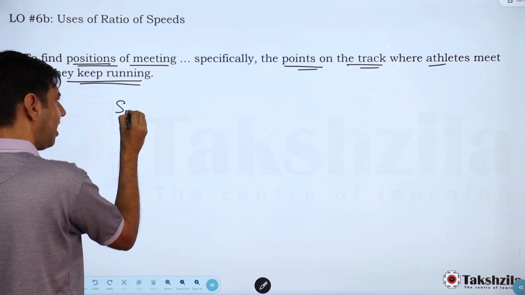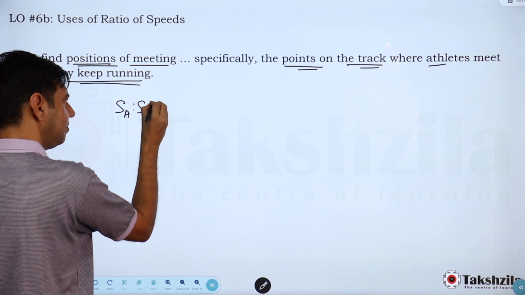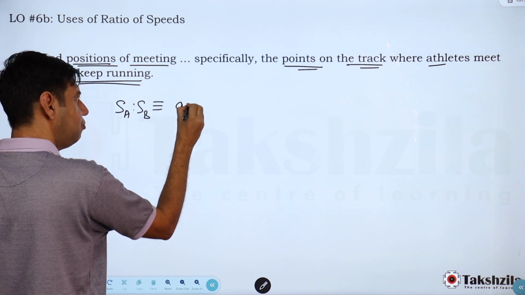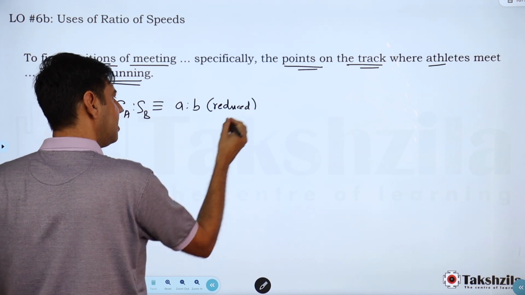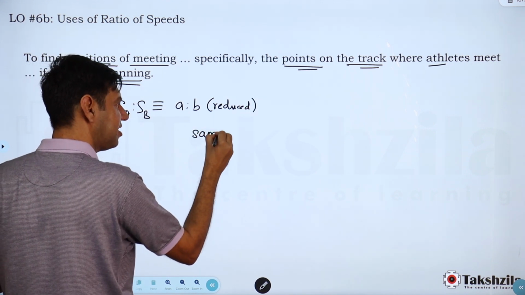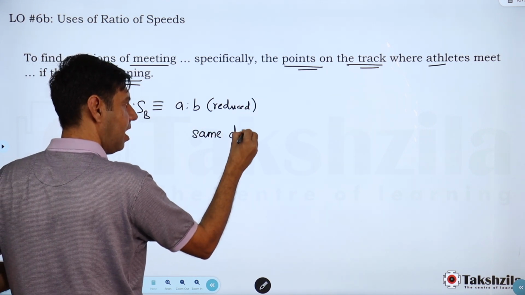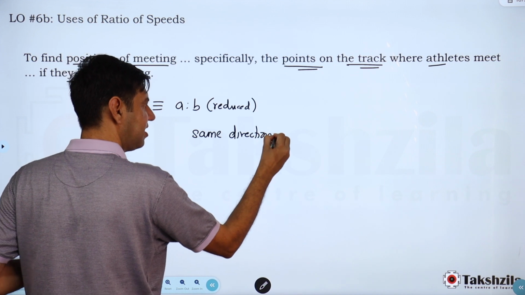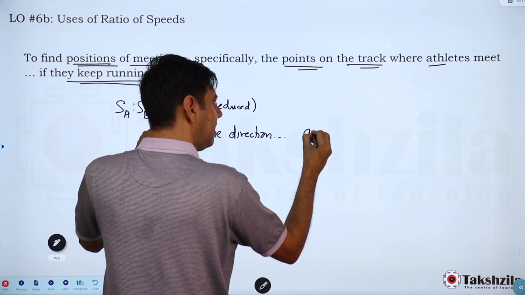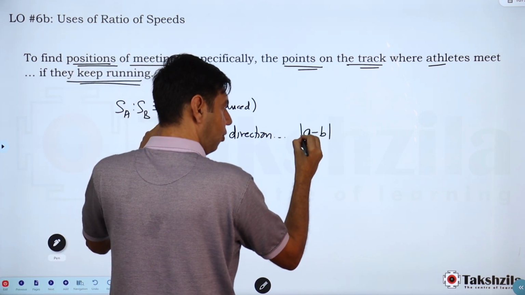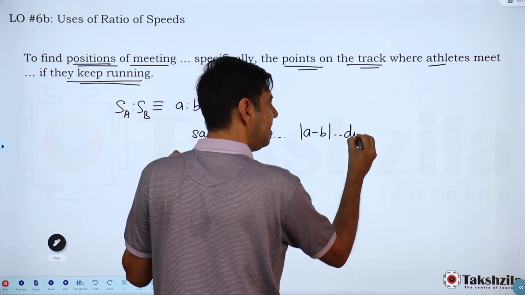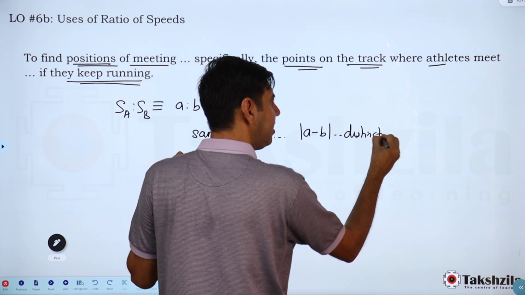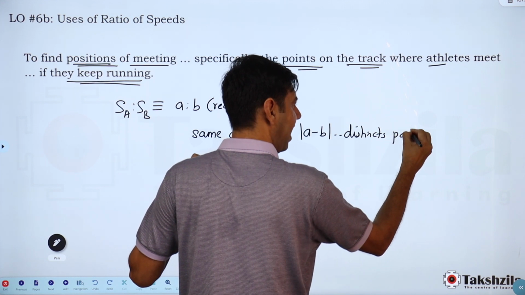So you find the ratio of their speeds in the reduced form, and if they are running in the same direction, then we take the positive difference between them. These many distinct points are there on the track.